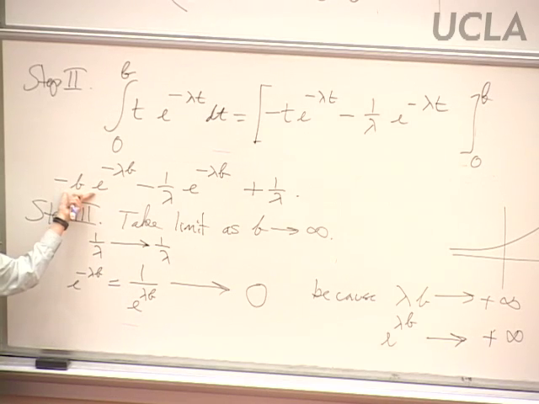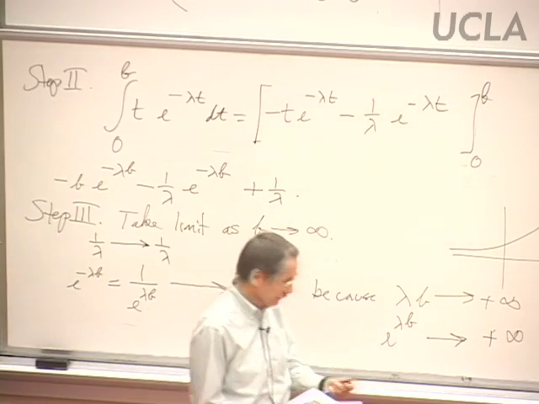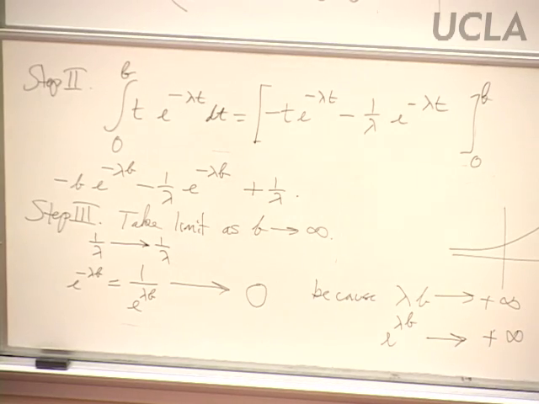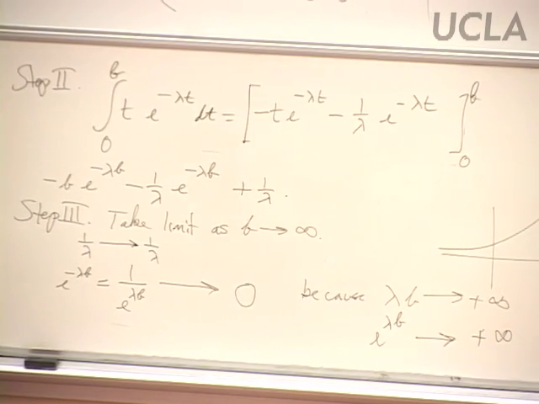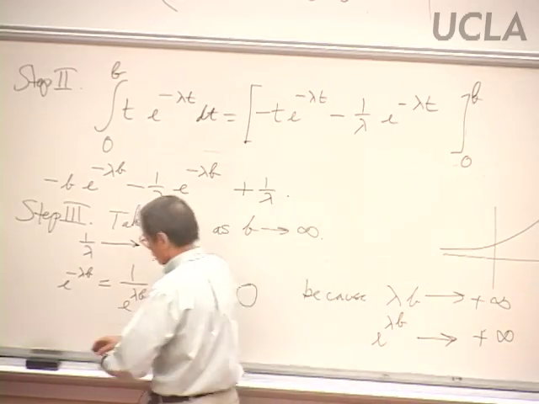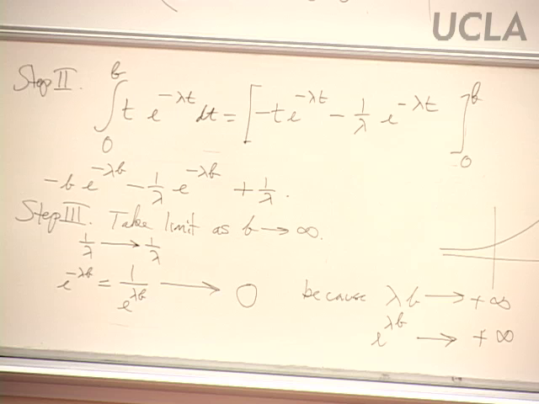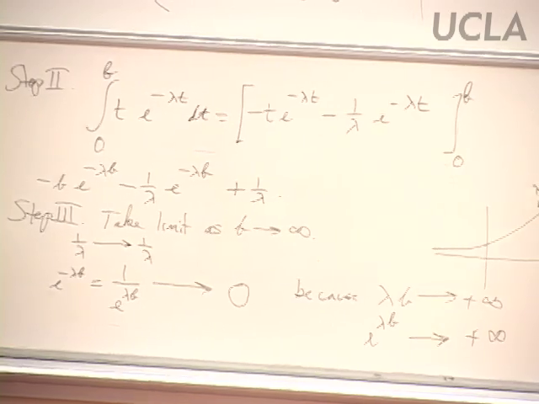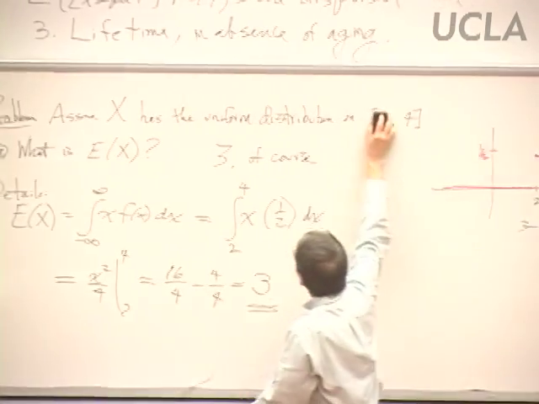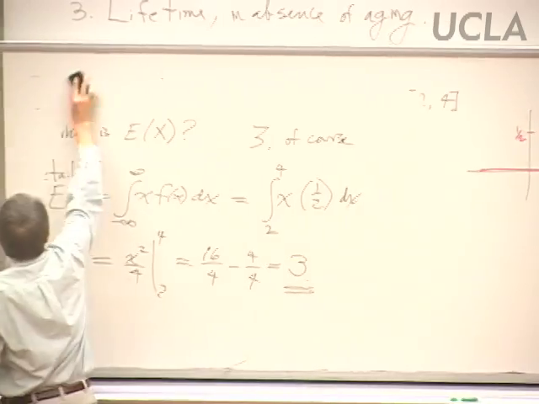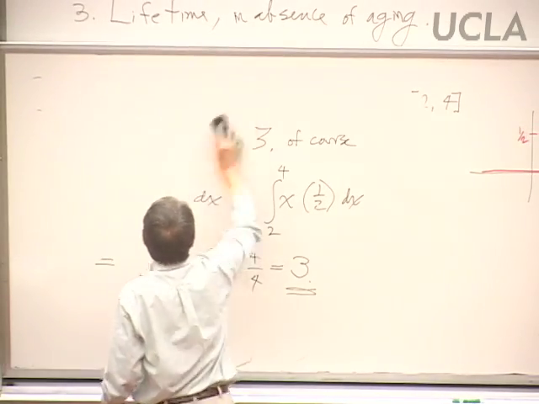That leaves us with one more term to handle. So we have that b times e to the minus lambda b. Well, think of that as b over e to the lambda b.